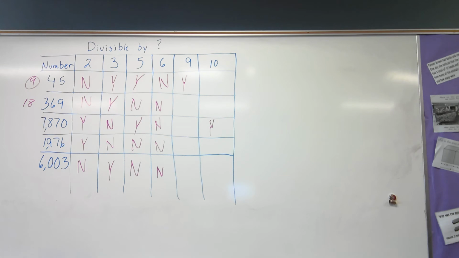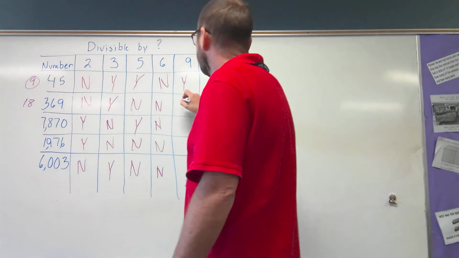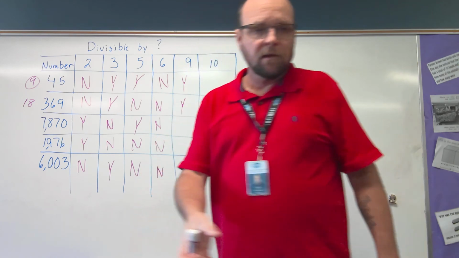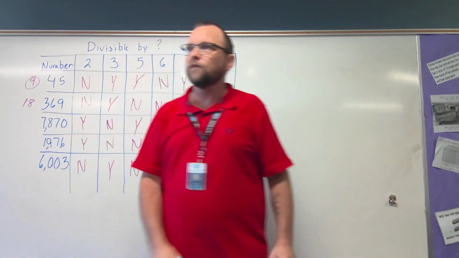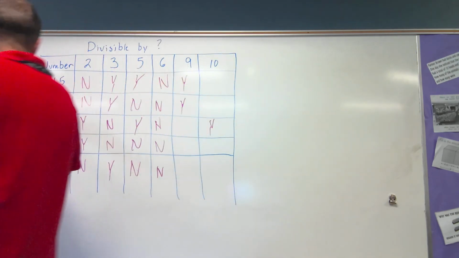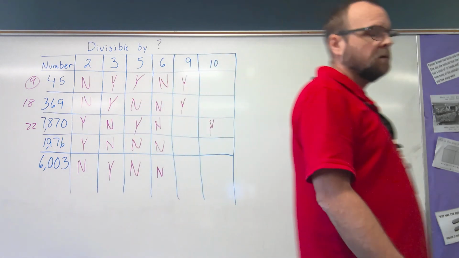Does 9 go into 18 evenly? Yes, 9 times 2. The sum of the digits, Nixon, in 7,870 is what? 22. Nixon, does 9 go into 22 evenly? No.